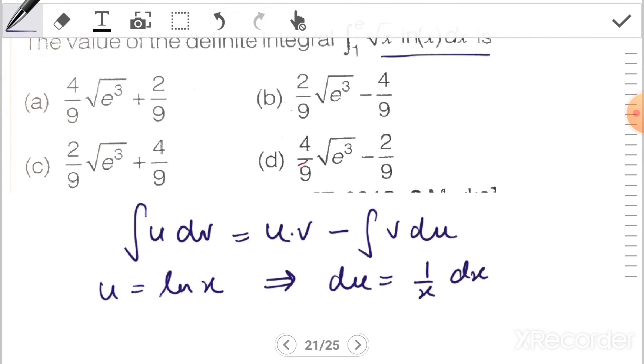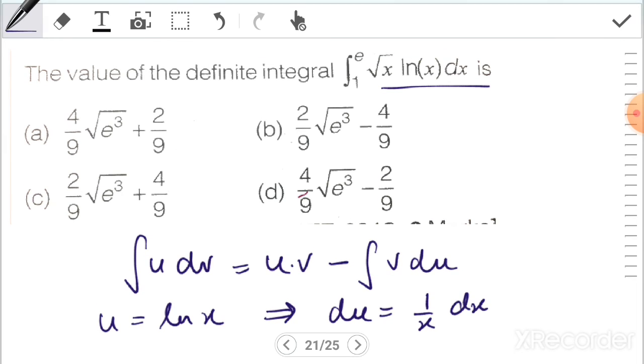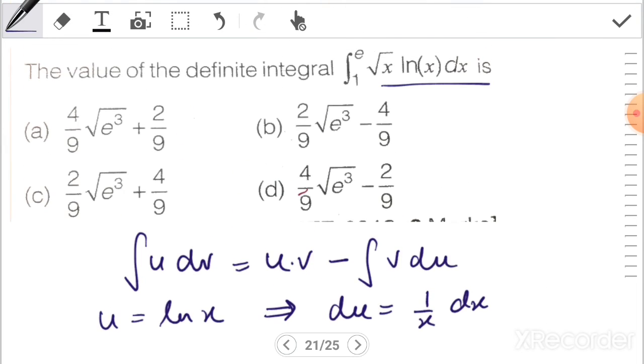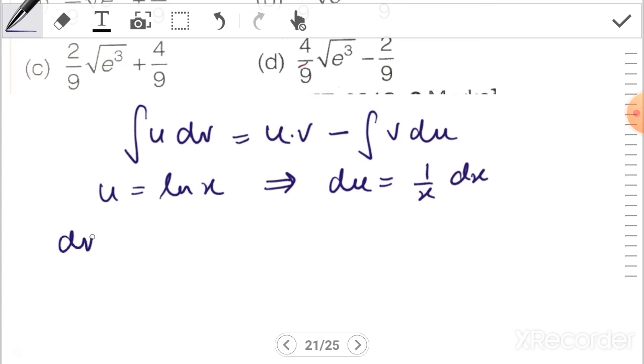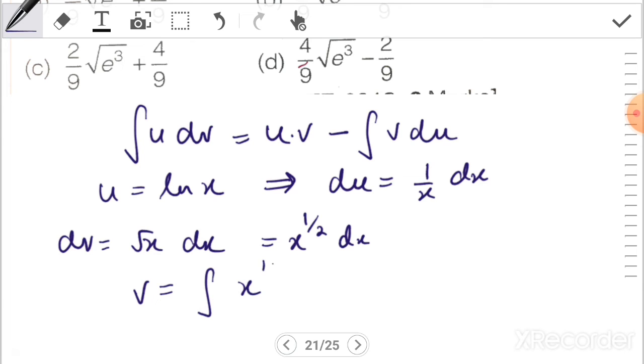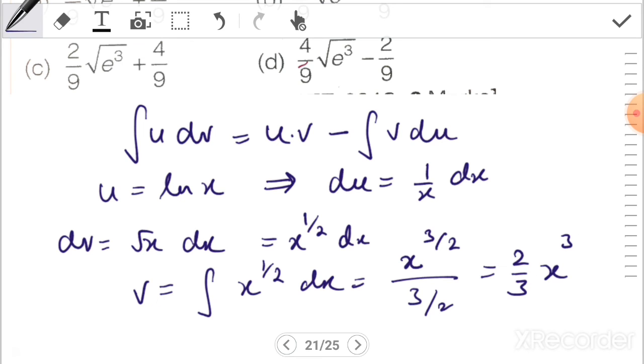Okay, and let us put dv as equal to root x dx. Then this is x^(1/2) dx. Then v will be equal to integral x^(1/2) dx, which is x^(3/2) by 3 by 2, that is 2 by 3 x^(3/2).